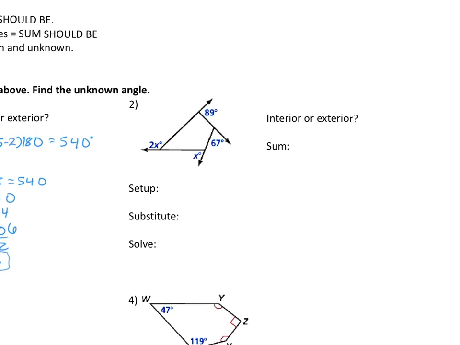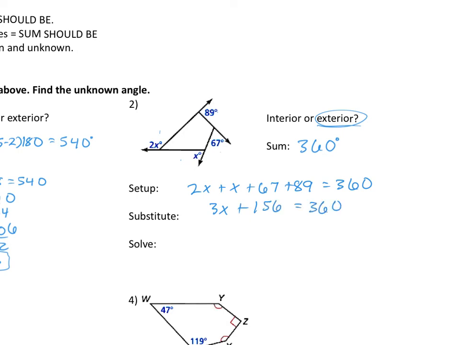Let's try number 2. I am dealing with exterior angles because these are on the outside. The sum is always 360. I'm going to set this up. That means all of these added together must be 360. So 2x plus x plus 67 plus 89 must equal 360. Combine my like terms, so I get 3x, and 67 plus 89 is 156, which must equal 360.